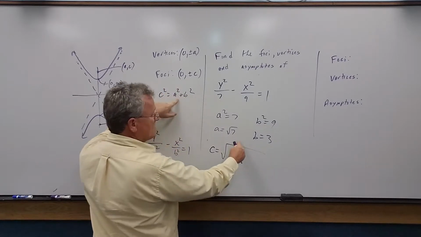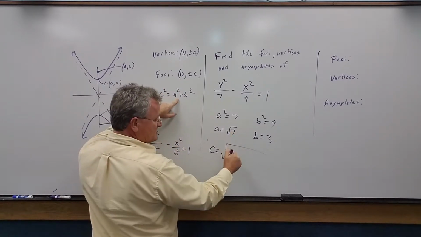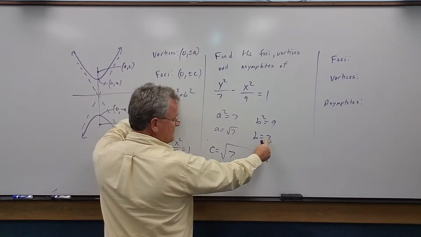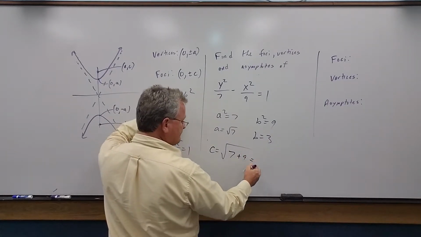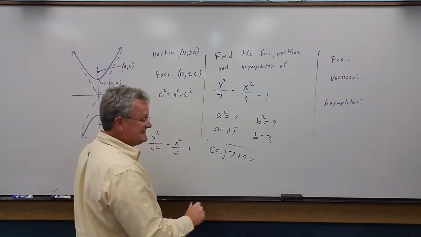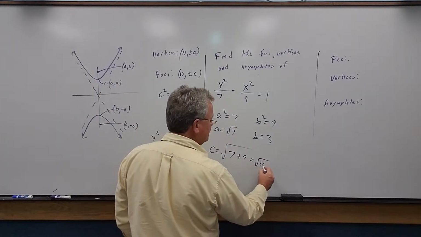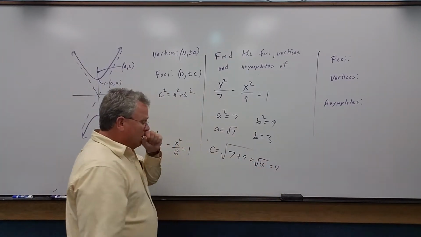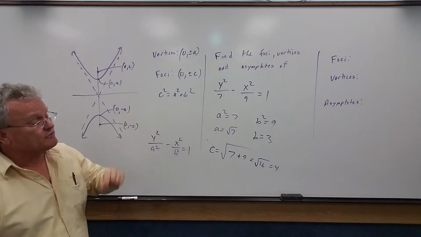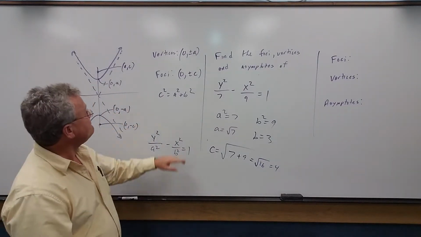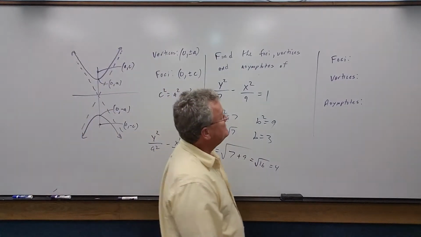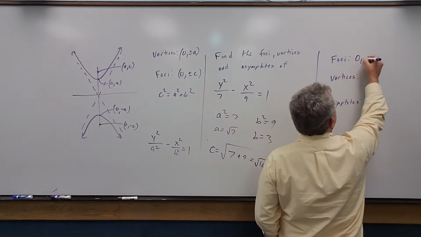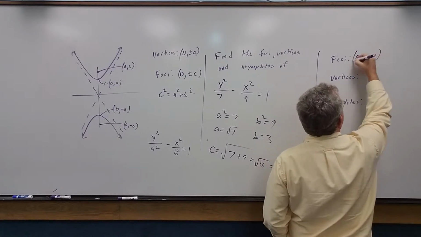So c is the square root of, when I square the square root of 7, we get 7. 3 squared is 9. And 9 plus 7 is 16. And the square root of 16 is 4. So now we can figure out the foci. The foci are (0, ±c). c is 4, so this is (0, ±4).